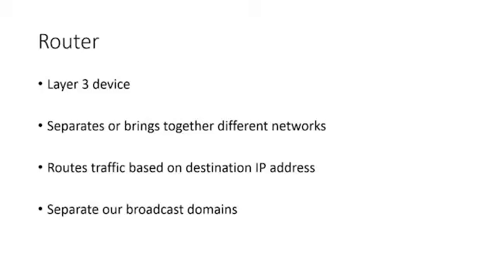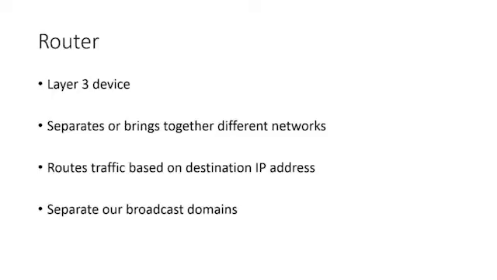Now, for VLANs to work, we're going to need something called a router. Now, you probably have a router in your network already, but this is a layer 3 device. Remember, layer 3, the internet or network layer, depending on which model you're looking at, we're talking about IP addresses, the roadmap of how do we get from here to here.